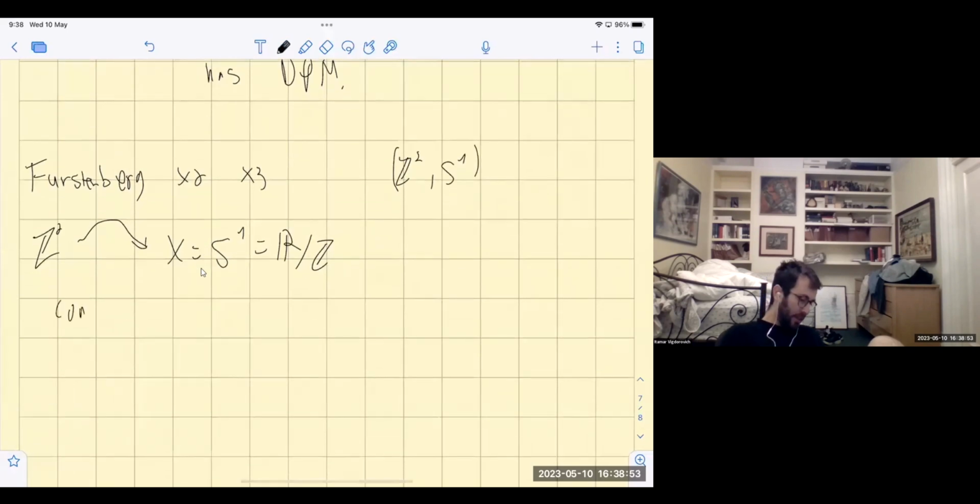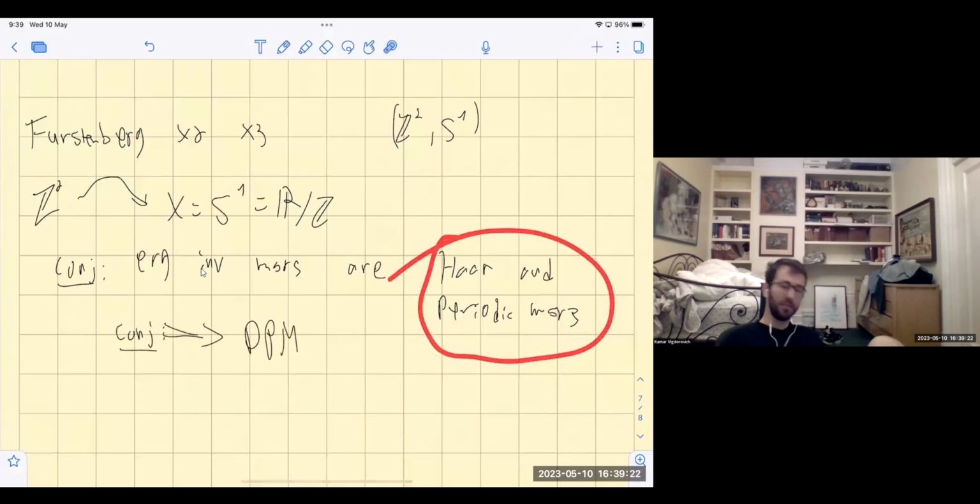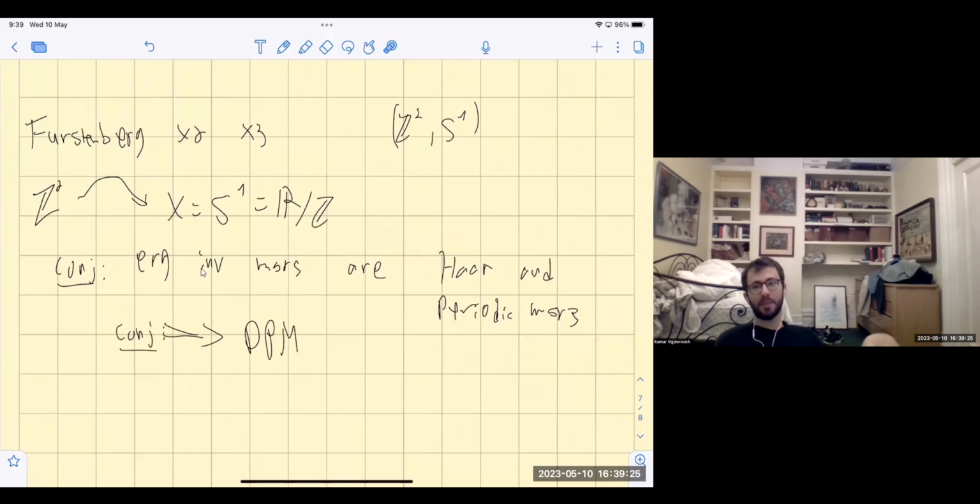And it's conjectured that the ergodic invariant measures are the Haar measure and the periodic measures. This conjecture, of course, would imply dense periodic measures, because if you know exactly all measures, it's very easy to show you have dense periodic measures. But of course, this is a huge conjecture, and nobody knows if it's true.